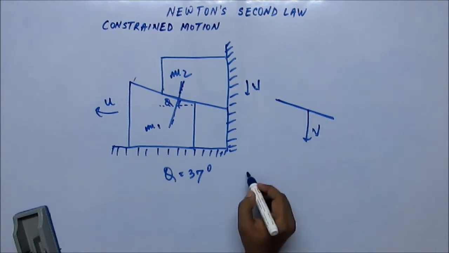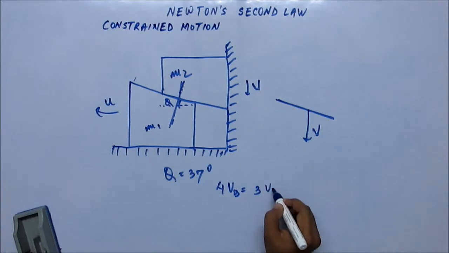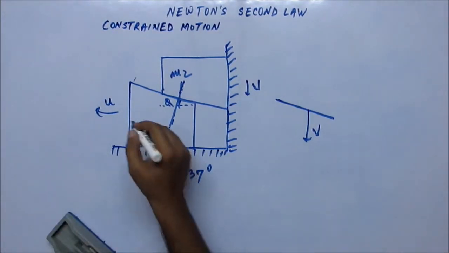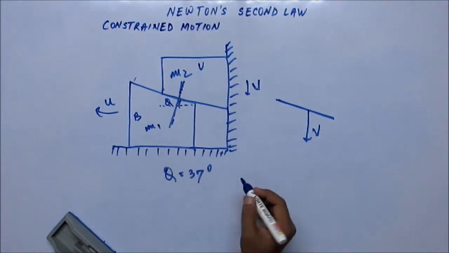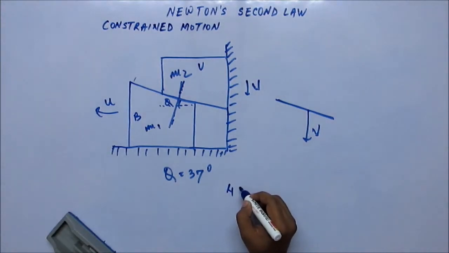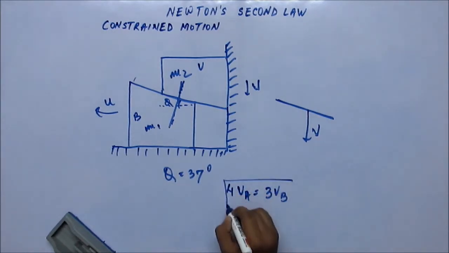The answer, by the way, is 4VA equal to 3VB. Suppose this is B and this is A. Then according to that, 4VA is equal to 3VB. This is what you must have got.